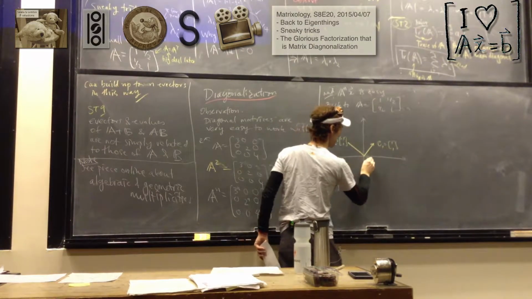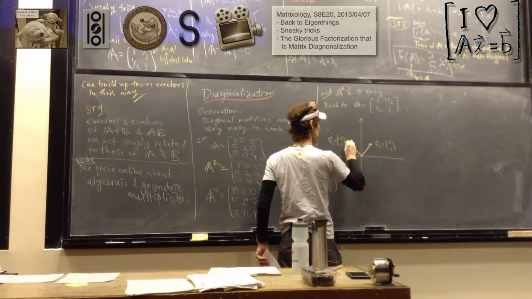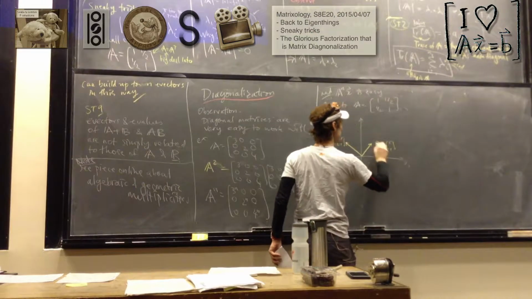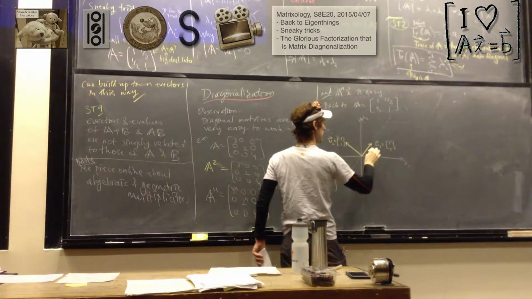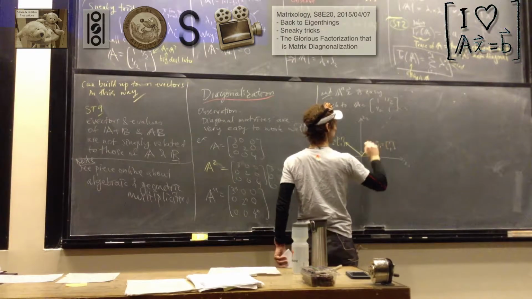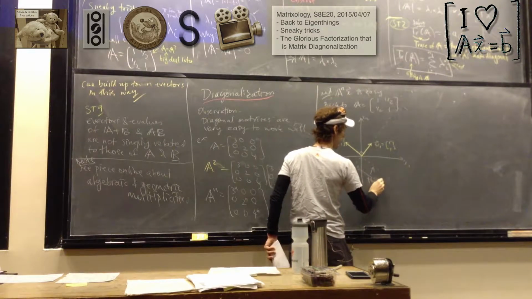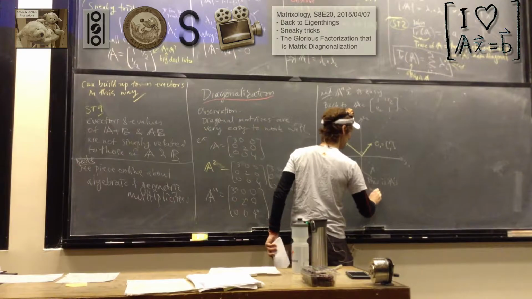Let's make these dashes. This is x1, this is x2, and these are at right angles actually. This is A's natural coordinate system.